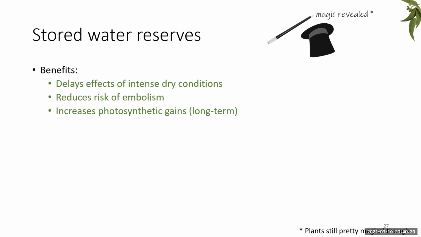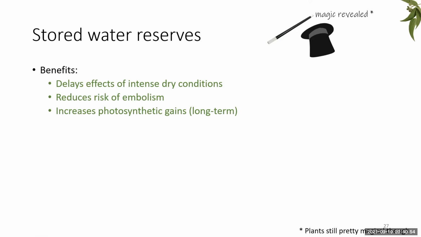The benefit of having higher amounts of these reserves is that it delays the effect of intense dry conditions by reducing the risk of embolism, or the risk of air blockage. And it increases the photosynthetic gains, or gain of carbon, which can eventually lead to more growth and better survival opportunity for the plants. But this happens over a long time. It's a long-term return.